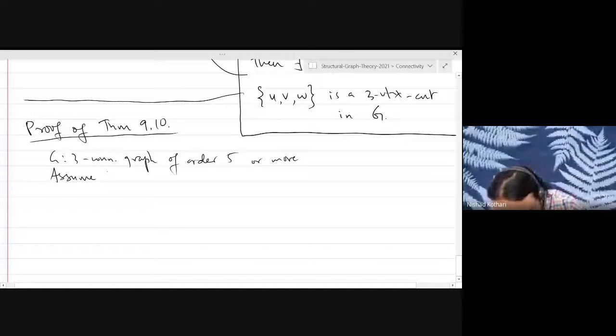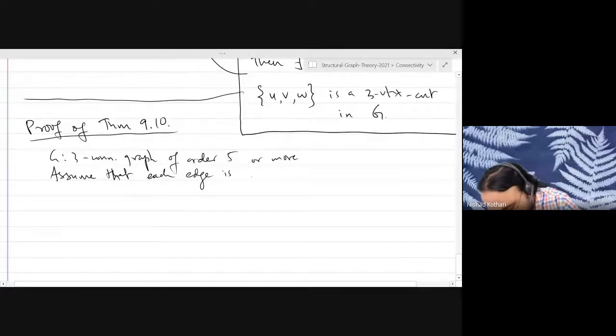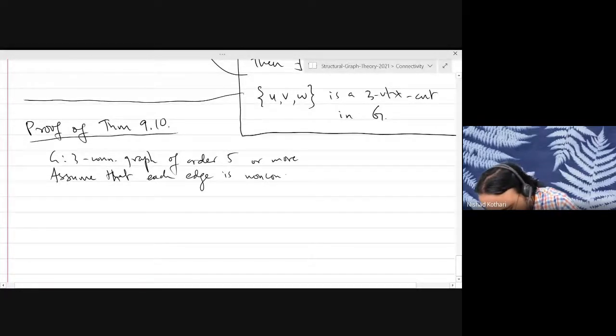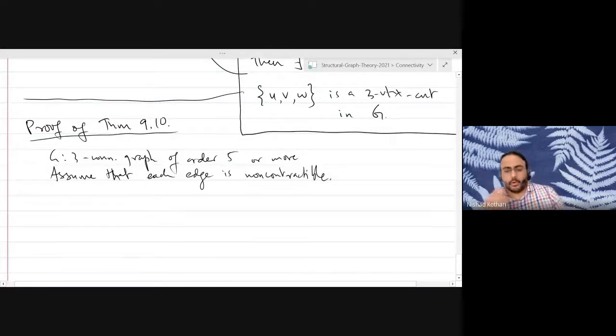Assume that each edge is non-contractible. We want to arrive at a contradiction. But arriving at a contradiction is not going to be that easy unless we use some more sophisticated ways of thinking about proof by contradiction.